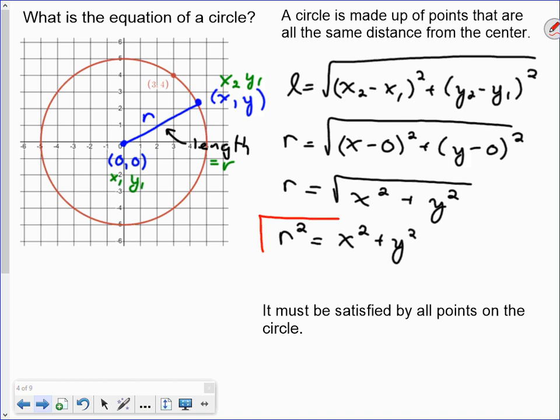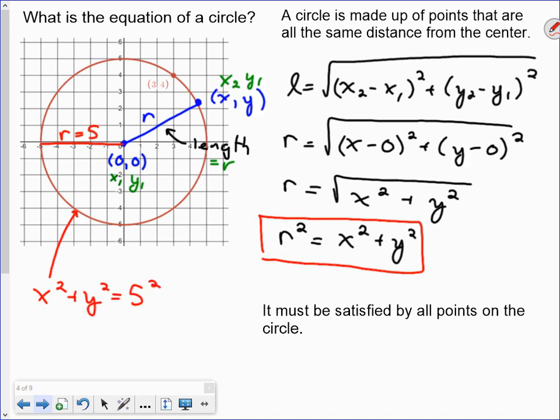That's going to be the equation of my circle: x squared plus y squared equals r squared. So for this particular circle, we know that our radius is equal to 5. So this equation has to be x squared plus y squared equals 5 squared, or x squared plus y squared equals 25.